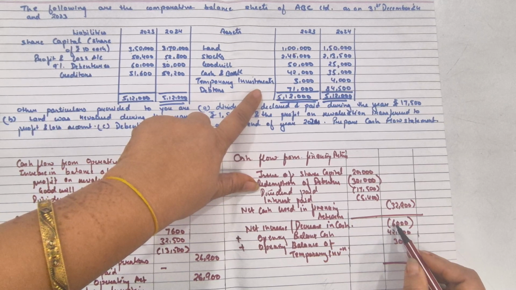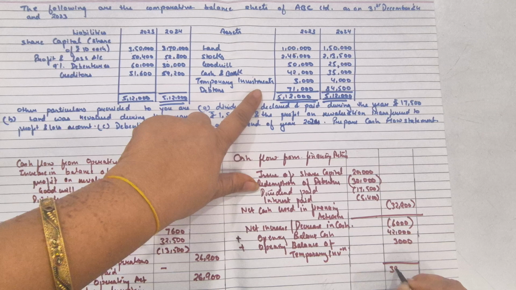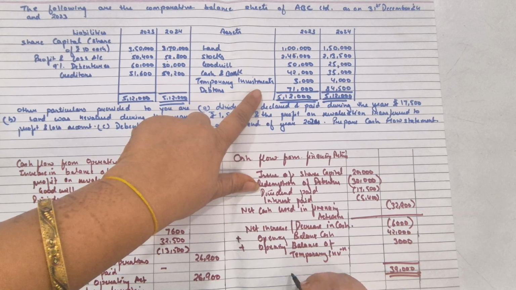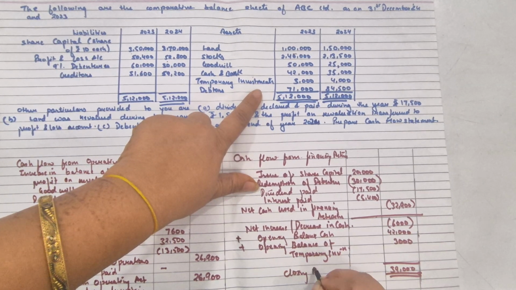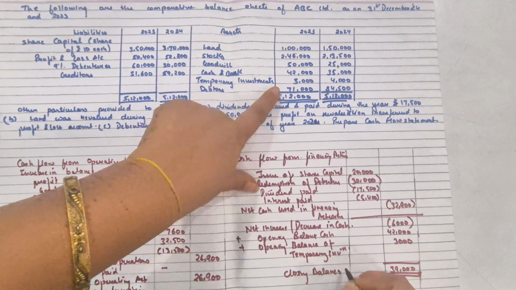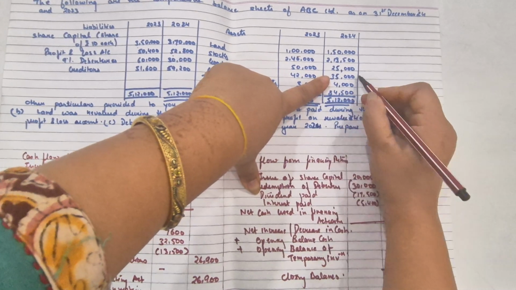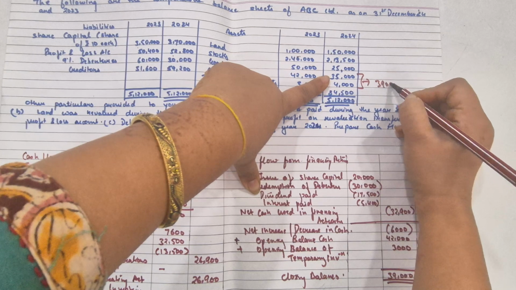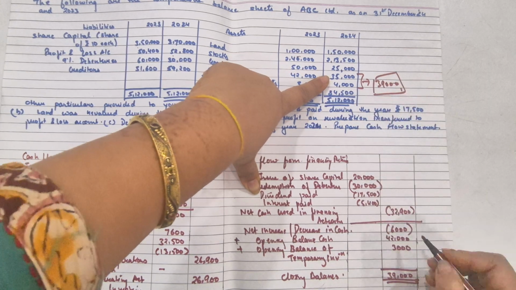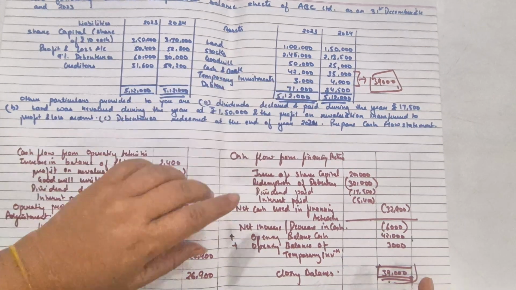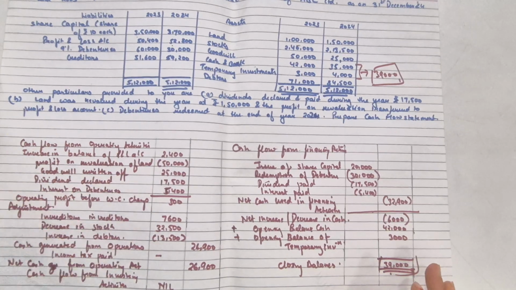Then minus 6,000. Now we will get 39,000 as your closing balance. And we can see when we add 35,000 plus 4,000, it is 39,000. So our cash flow statement is the same. That means we have made it correctly. I hope I am clear with this.